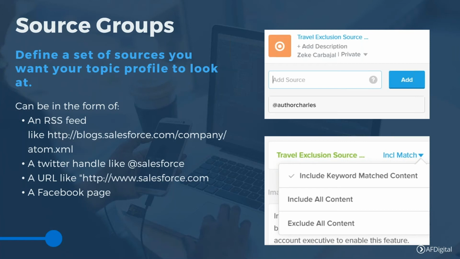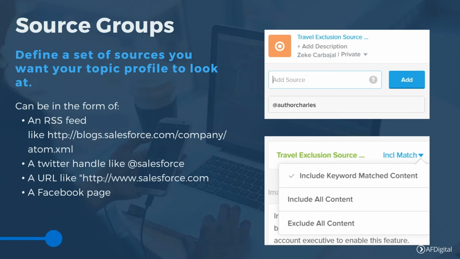So you do not want to include any posts that are coming from your accounts. So normally, one particular use case is to create a source group containing all the social media accounts of your brand and include that in the topic profile and exclude all content coming from that. This is to ensure that all the data that's coming from this topic profile is coming directly from the customers, not their social media accounts.